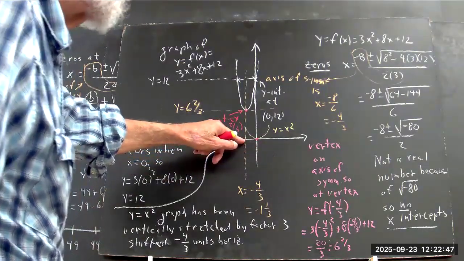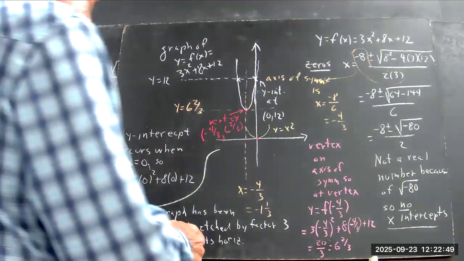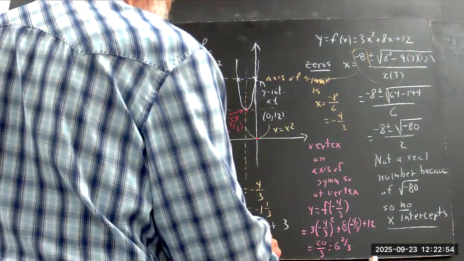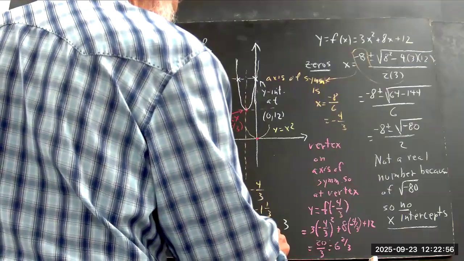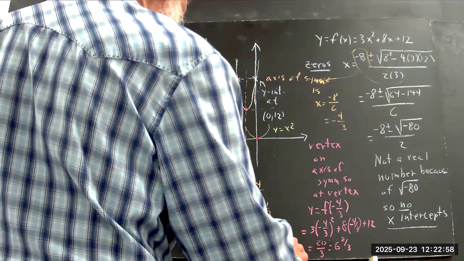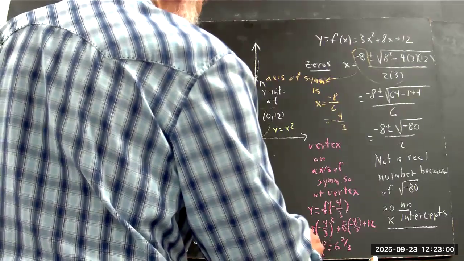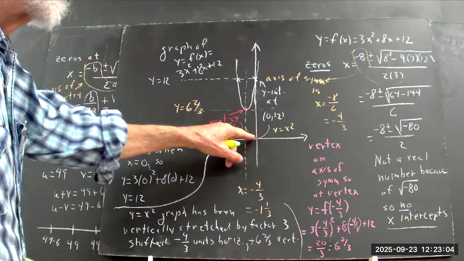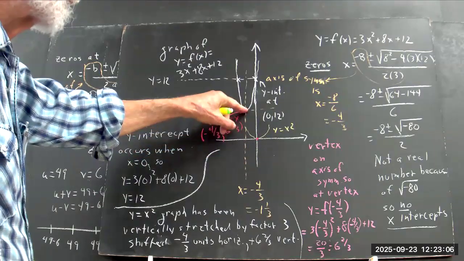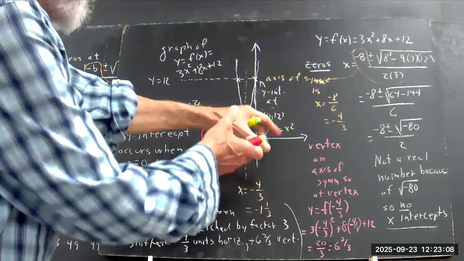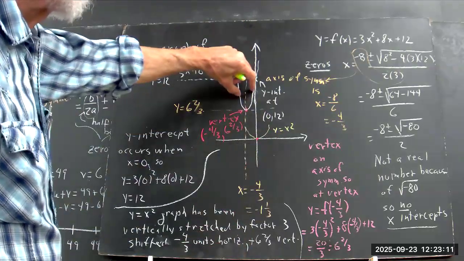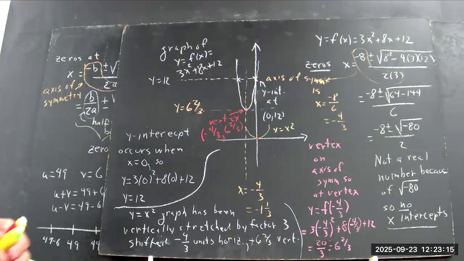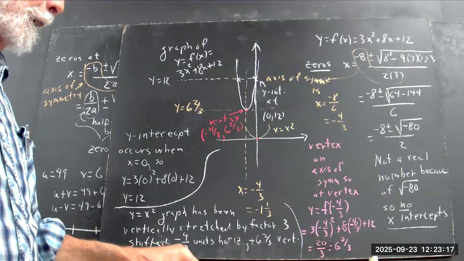Vertex has been shifted horizontally negative 4/3 units, plus 6 2/3 units vertically. Red dot shifted negative 4/3, up 6 2/3. After this thing has been stretched out by a factor 3 to make it skinnier. Okay. Those are the transformations.